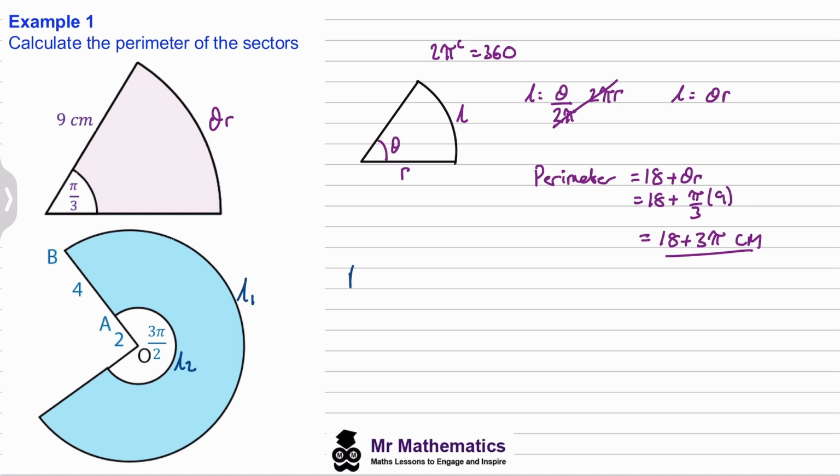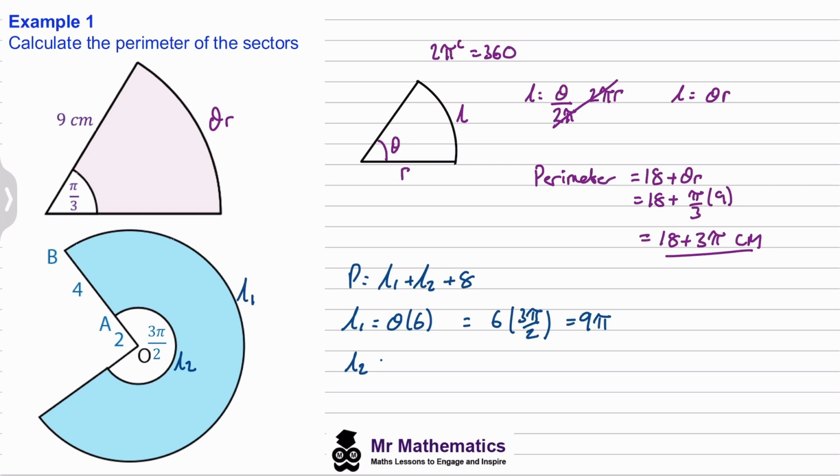So the perimeter will be L1 plus L2 plus that 8. So we need to work out L1. This will be theta times the bigger radius. And the bigger radius you can see is 6 units. So theta multiplied by 6. So we'll have 6 times 3 pi over 2. So L1 will be 9 pi units.